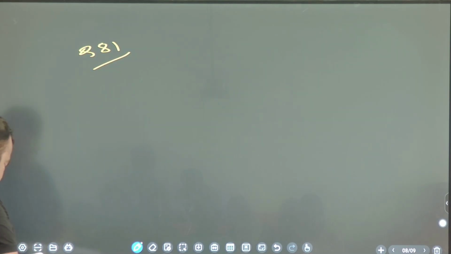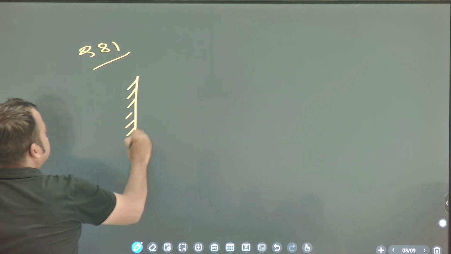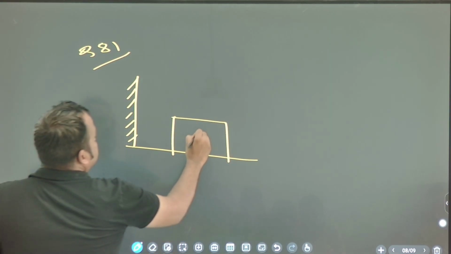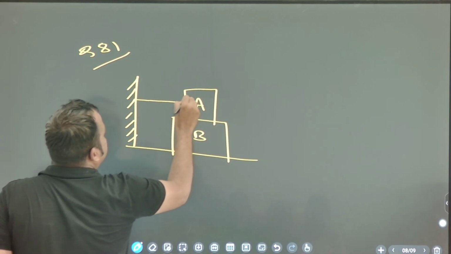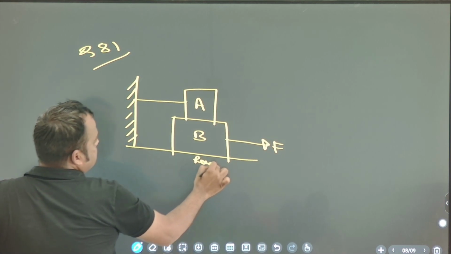Two blocks are there. Diagram is incomplete. Draw this diagram. There is a string here, string. Now this is rough surface.